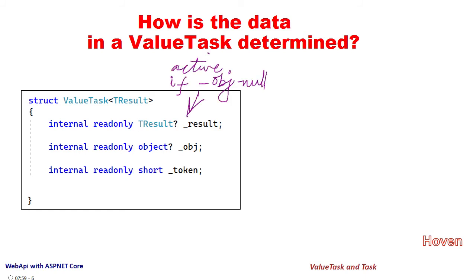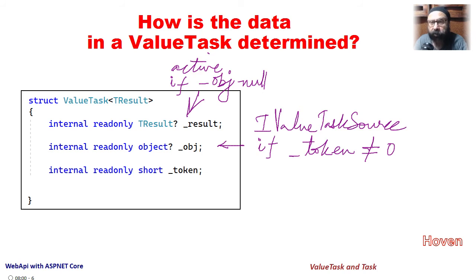If underscore obj is null, then the operation has completed synchronously and the result is contained in underscore result. So this is the first rule. And if underscore obj is not null and another member called internal read-only underscore token is non-zero, so there is a third member also, underscore token, then underscore obj contains an IValueTaskSource and underscore token contains a token associated with it.